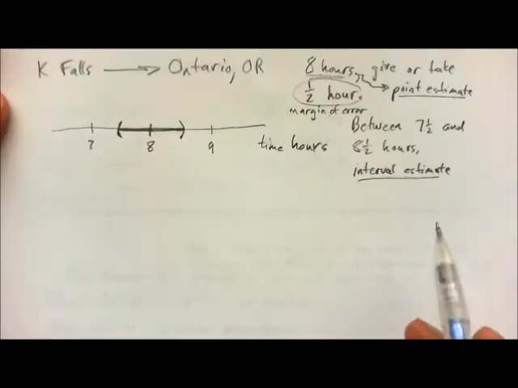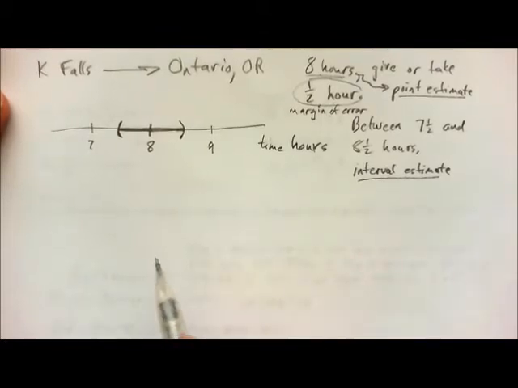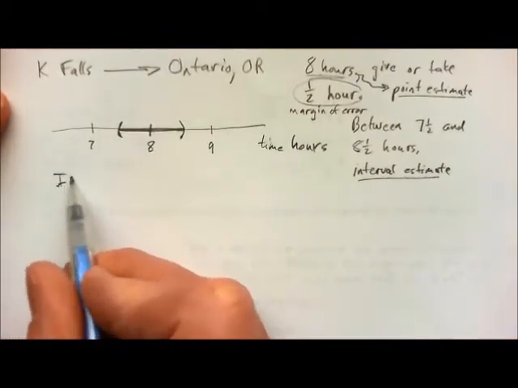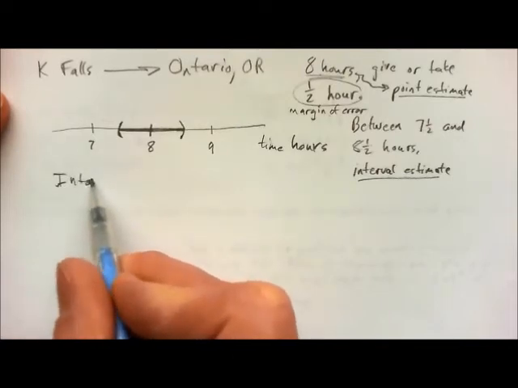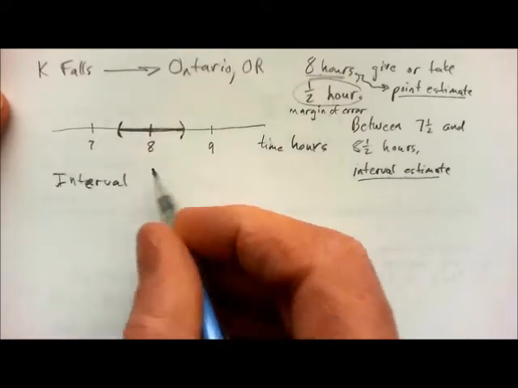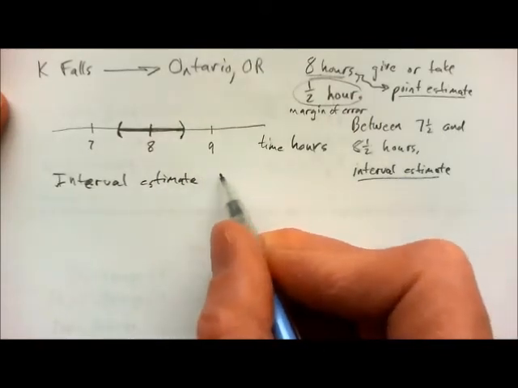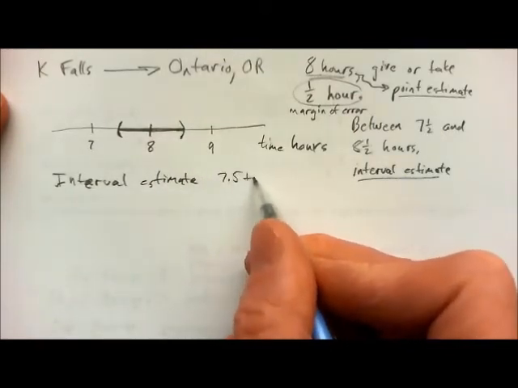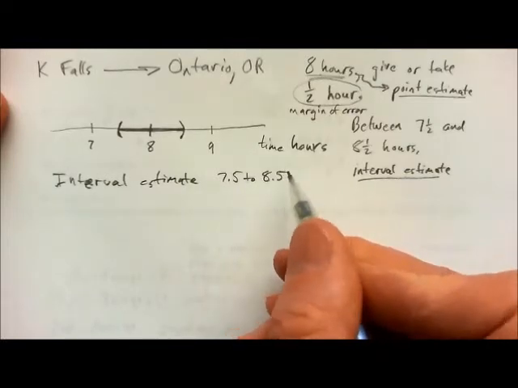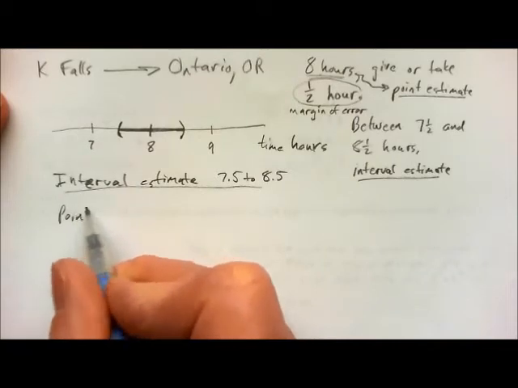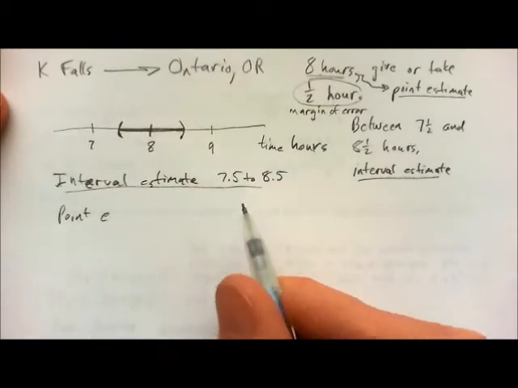So the math for that, the arithmetic, it's not terribly difficult, but if we have an interval estimate, so in this case we have an interval estimate of 7.5 to 8.5, and if we were given that information, we can get our point estimate by finding the value halfway between those two.